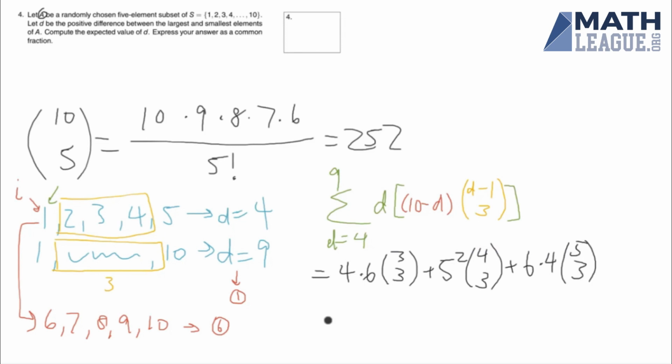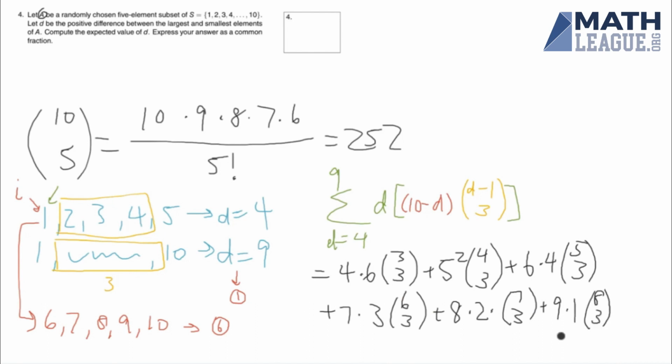And if we keep adding up by continuing to substitute values of D in, we will eventually get this entire expression: 7 choose 3, and then our last term is just 9 times 8 choose 3. If we evaluate this out, that gives us a total of 1,848.